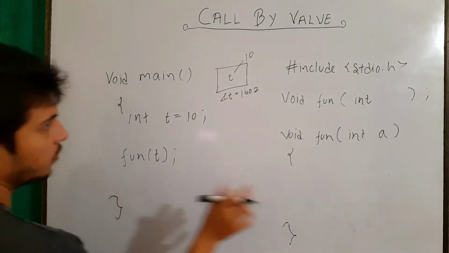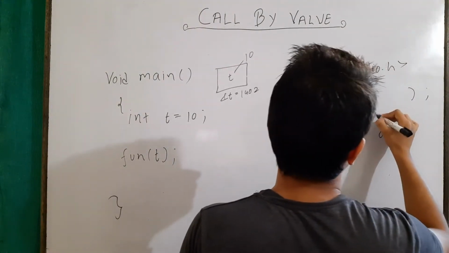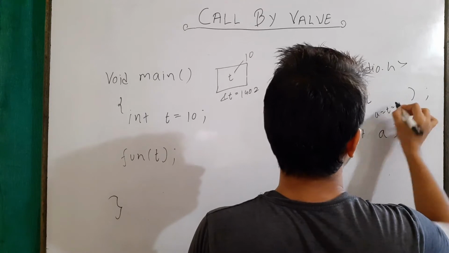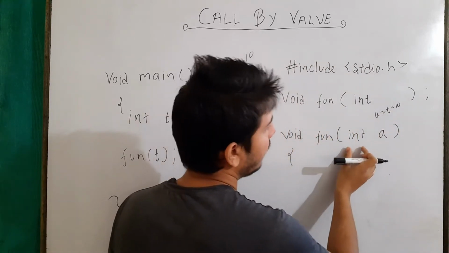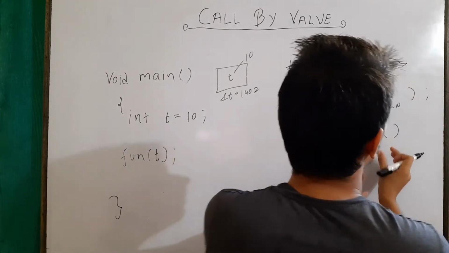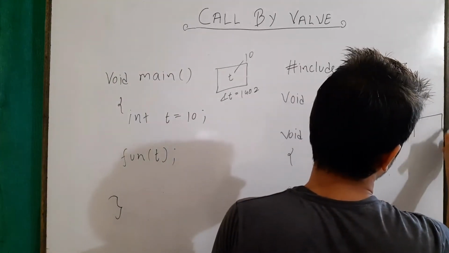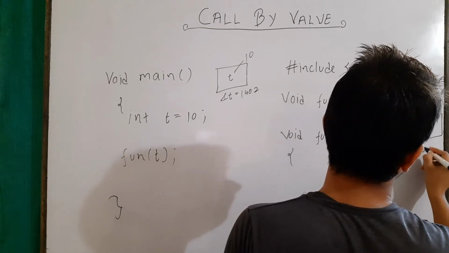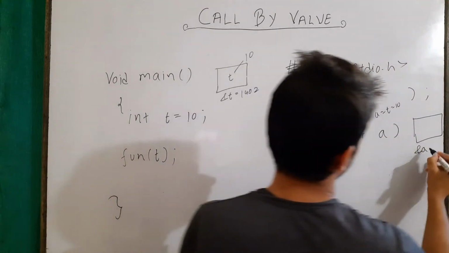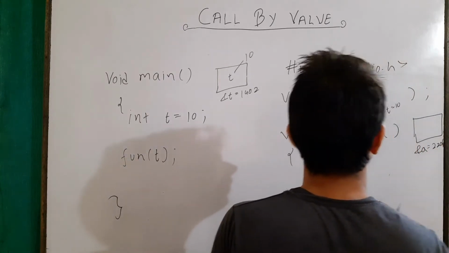So now a will be equal to t, or equal to 10. But before that, when I am declaring or defining a variable here, it will also be allocated some memory, right? So here it will also have some address. Let's say the address of a is 2206, right?